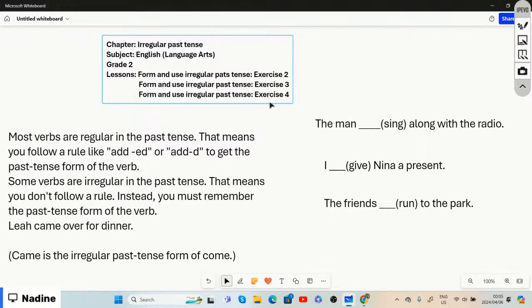The lesson we are focusing on today under this chapter is to form and use irregular past tense, and there's going to be exercise 2, exercise 3, as well as exercise 4.